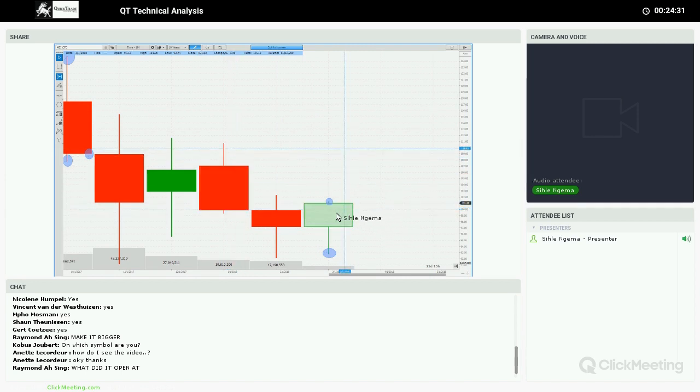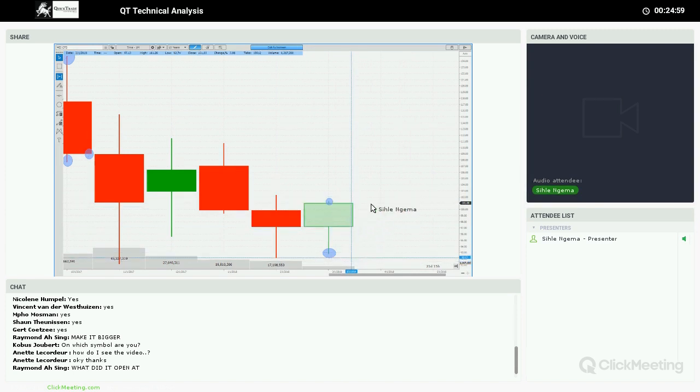But now when I have a green candlestick like the current one that we are having right now, this green candlestick shows me that the opening price is lower than the closing price, meaning that the closing price is on the edge of the body on the side of the highest price reached, and the opening is on the edge of the body on the side of the lowest price.